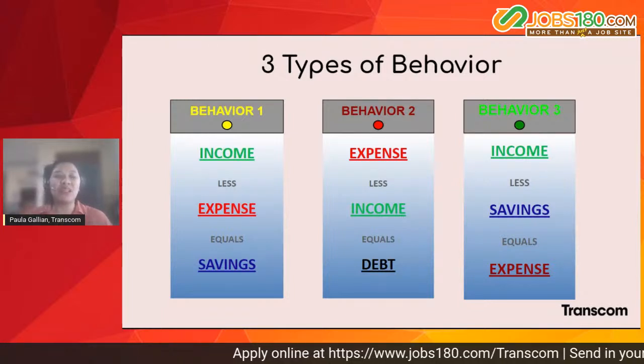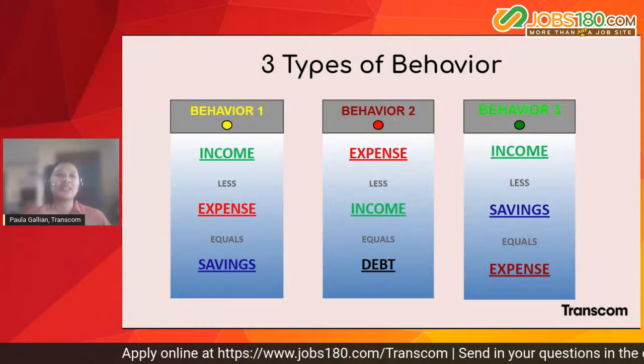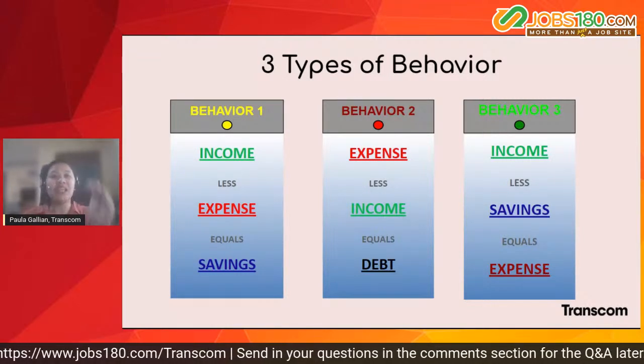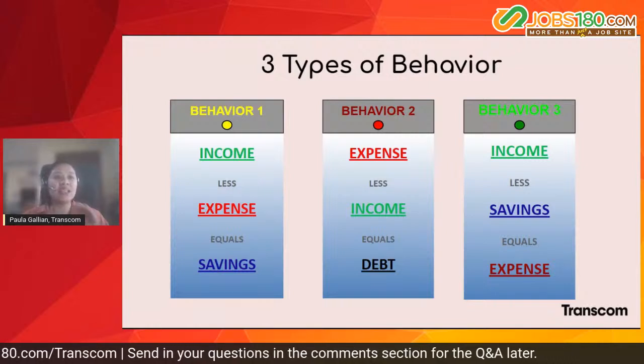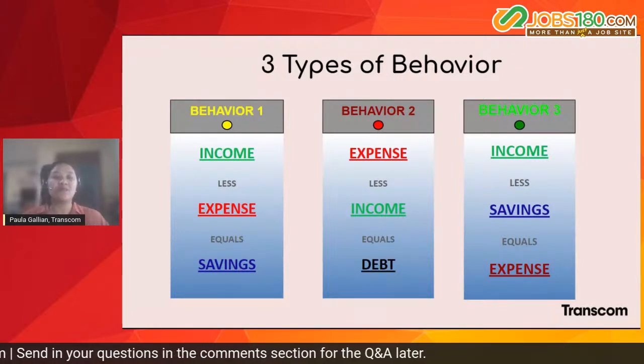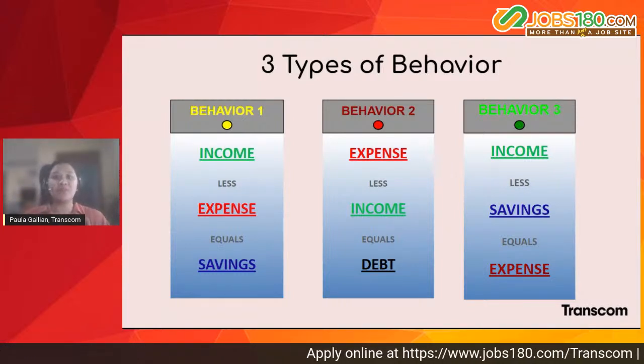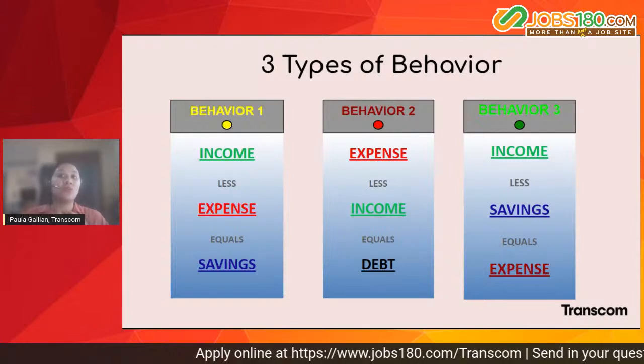Or meron namang individual sa atin, or this is another behavior wherein you'll have your income, you less your savings, and your savings will be your panggasto for expenses. So kumbaga, as early as getting your income, you're already saving. And then from then on, you would just manage what are the expenses that you need to spend.